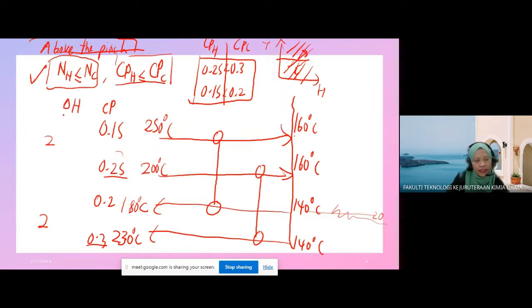First you need to calculate for each stream. How to calculate delta H here? 240 minus 160 times CP 0.15 equals 13.5. Next, delta H for this stream is 200 minus 160 times 0.25, you get 10.